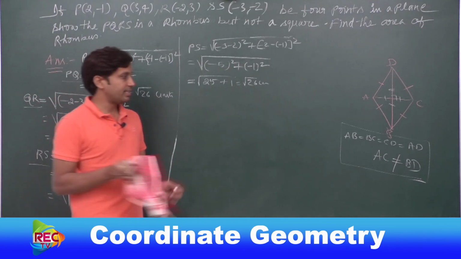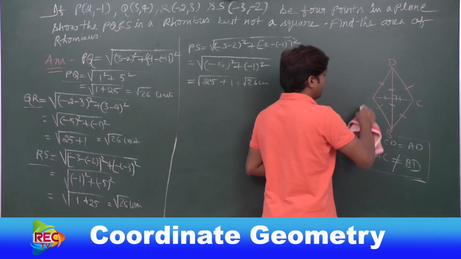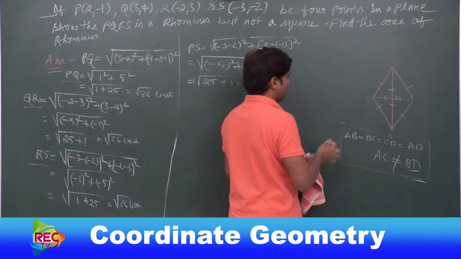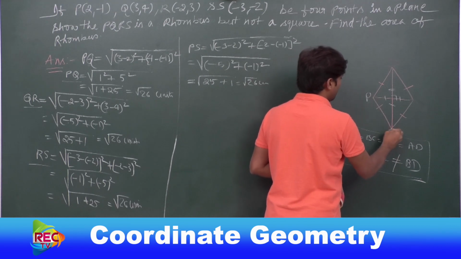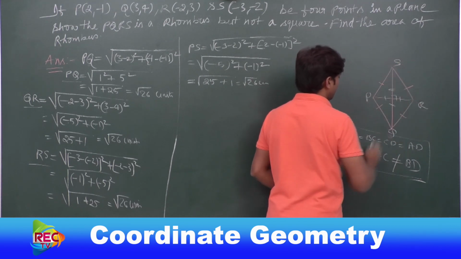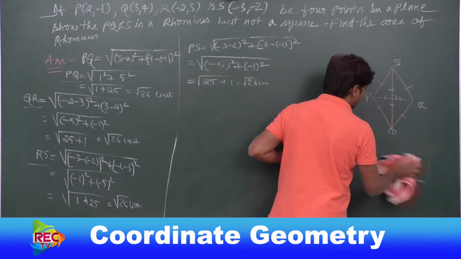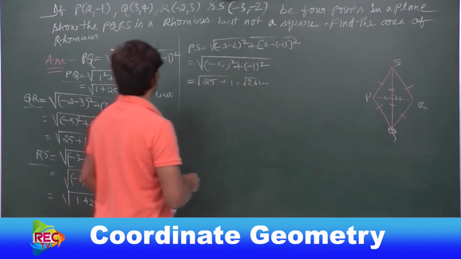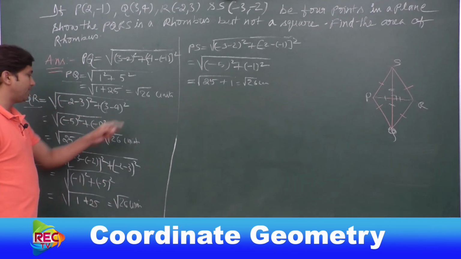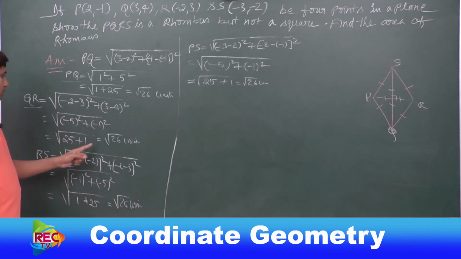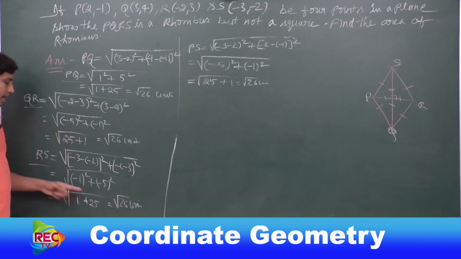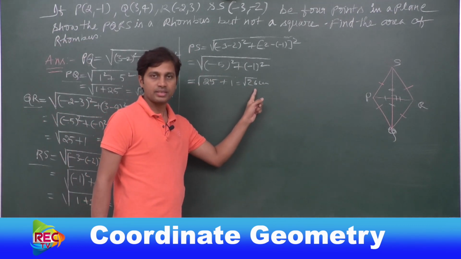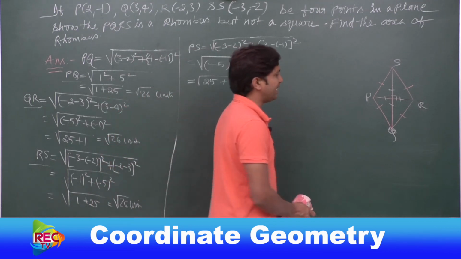Let me tell you, guys, we have PQ, QR and RS, and now PQRS. What did we obtain here? All are root 26 only, no? The value of PQ is root 26, the value of QR is also root 26, the value of RS is also root 26, and the value of PS we found as root 26. That means all the sides have equal values.